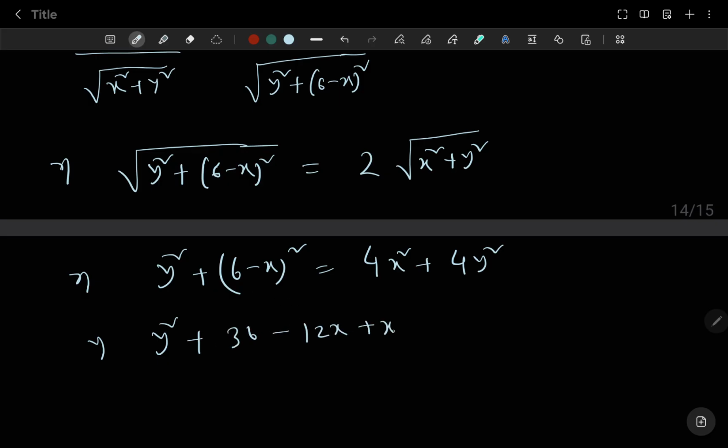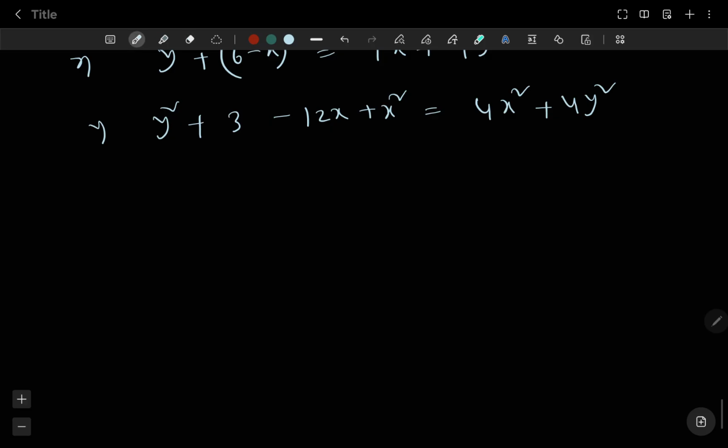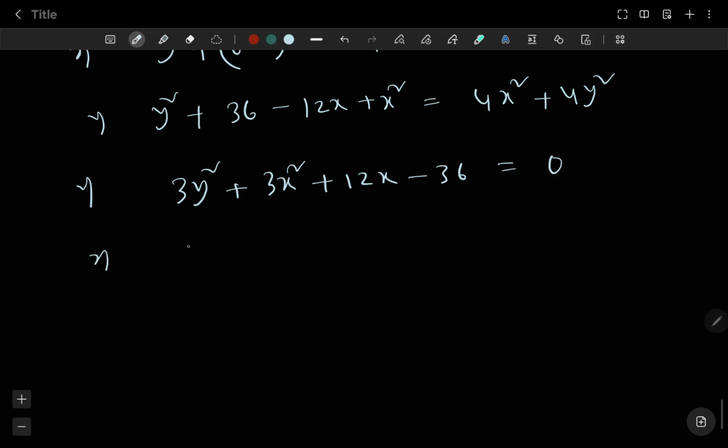Expanding, it is 3y square plus 3x square plus 12x minus 36 is 0. So it is y square plus x square plus 4x minus 12 is 0.